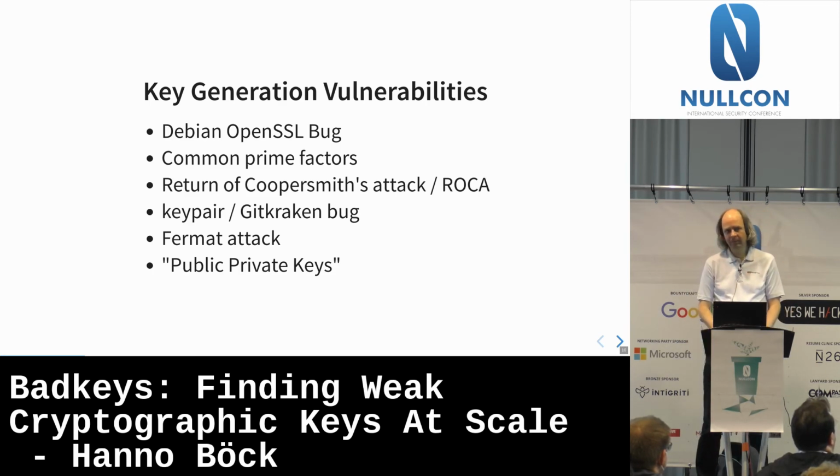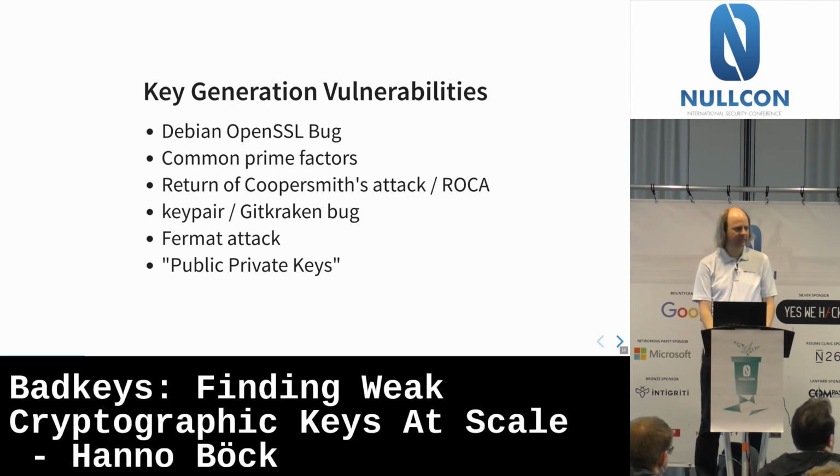So there were many vulnerabilities in this class. There was the Debian OpenSSL bug, the older people will remember. Then there's a problem with common prime factors. There was the ROCA attack, which caused Estonia to replace thousands of their ID cards. And then there was this keypair bug last year.